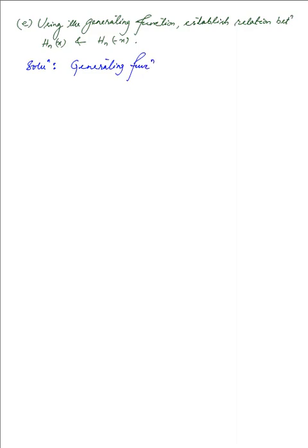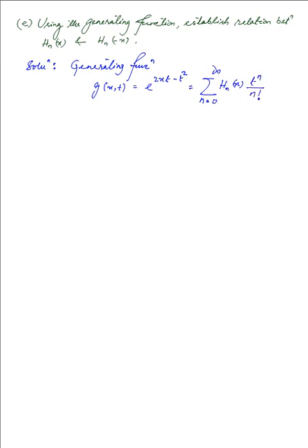So we have the generating function g(x,t) to be equal to e to the power 2xt minus t squared, and that is equal to the summation from n is equal to 0 right up to infinity hn of x t to the power n divided by n factorial.